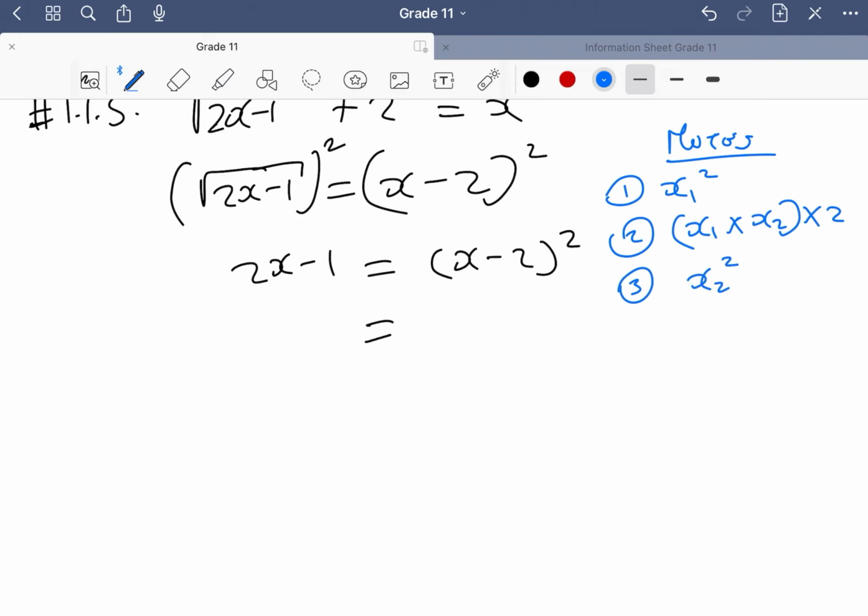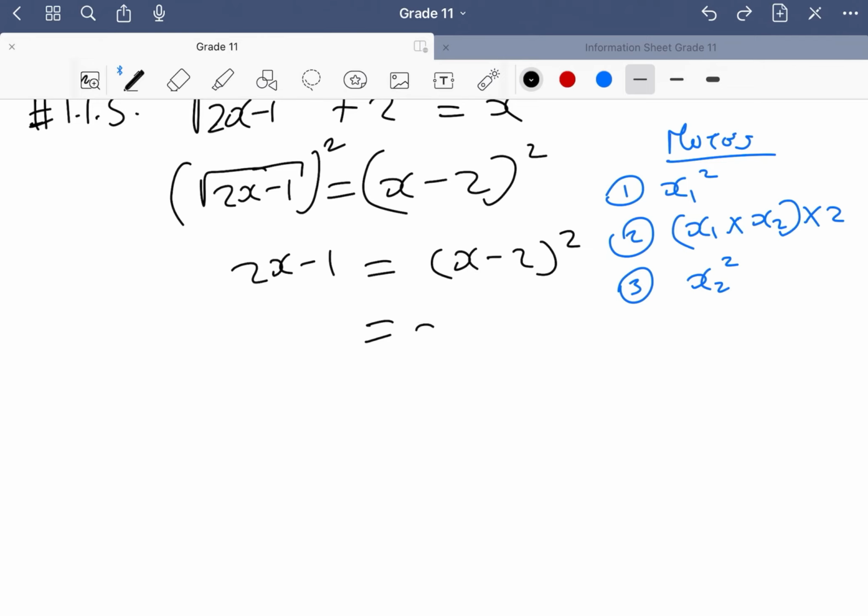So the first term in this case is x, and the second term is negative 2. So you square the first term, twice the product, and square the last term. This is how we remove the bracket.